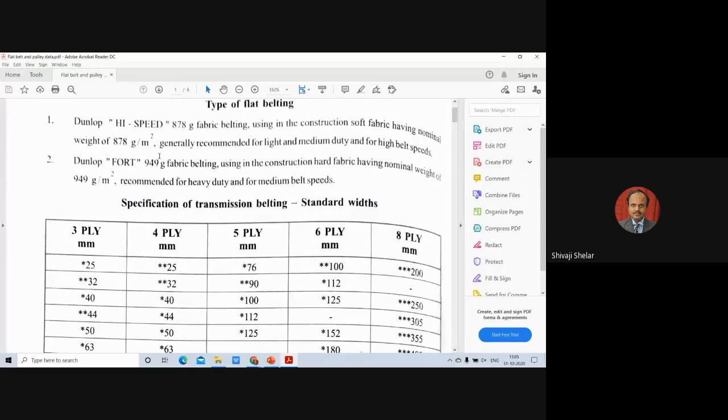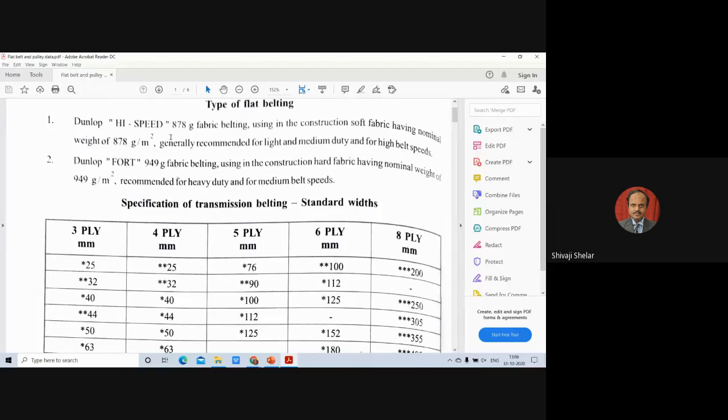Okay. So normally fabric belting, you can have high speed category or port category. So high speed category will have approximately the density of the order of 878 gram per meter square cross sectional area. And Dunlop type port. So Dunlop is a manufacturer of belts. So they have two categories of material.